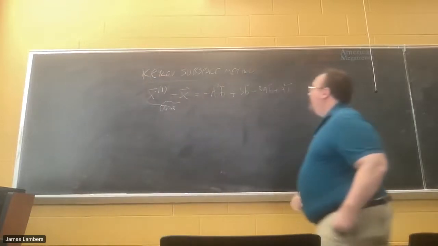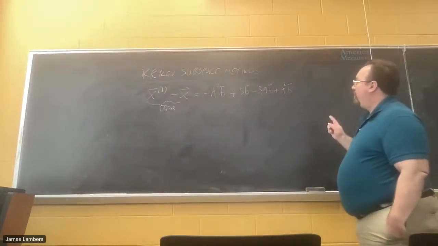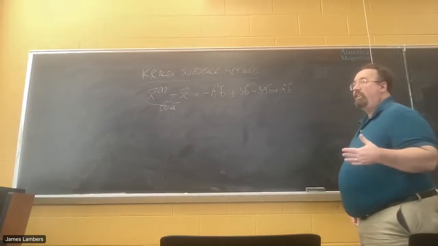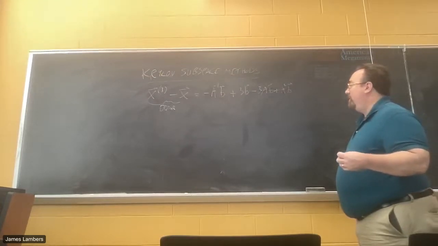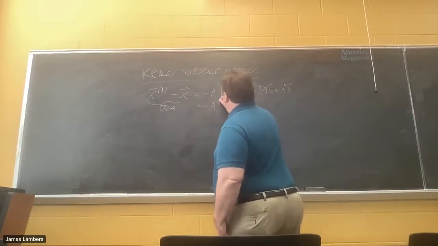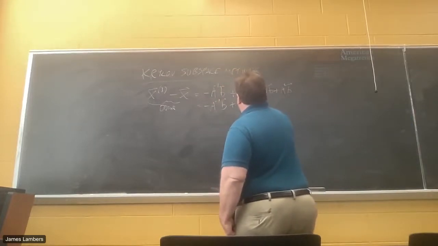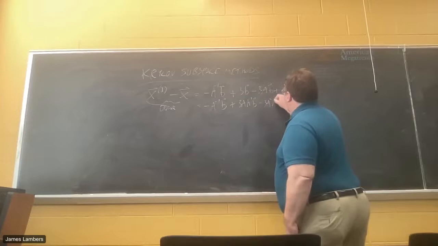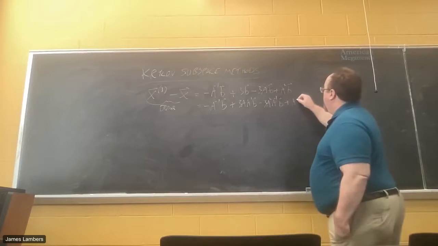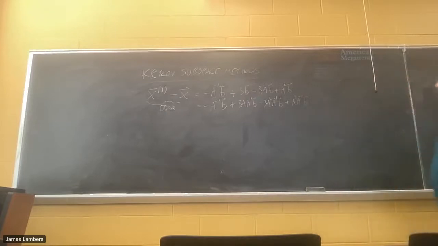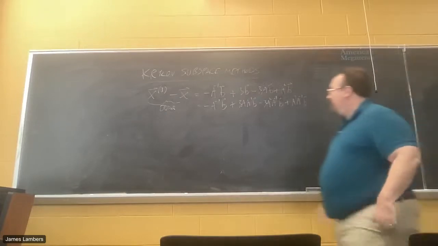Now, what I'm going to do with each of these terms, I'm going to throw in an A inverse, because that'll be identity. So I have minus A inverse B plus 3A inverse B minus 3A squared A inverse B plus A cubed A inverse B. Now, A inverse B is simply x.